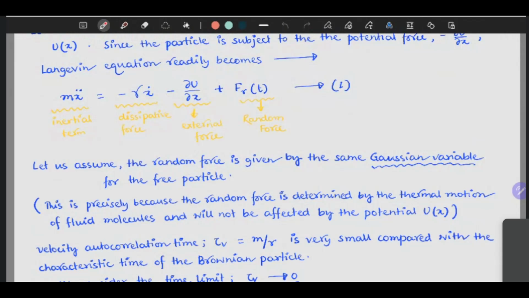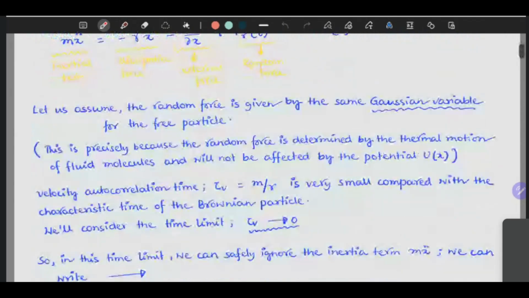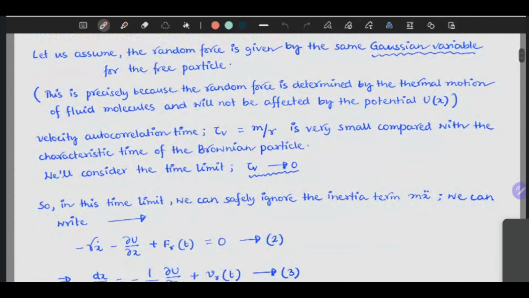Okay, so basically that's that. And that is what we have written here, that this is precisely because the random force is determined by the thermal motion of fluid molecules, and it will not be affected by a potential of any form.